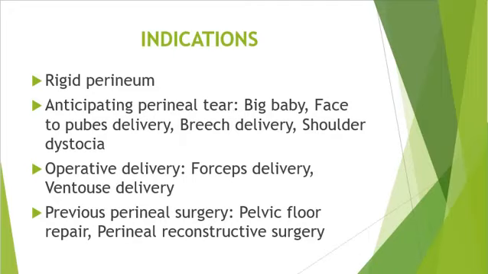There you want a larger space. If episiotomy is not given, perineal tear can occur. Then operative deliveries like forceps delivery and ventouse delivery, and previous perineal surgery like pelvic floor repair, perineal reconstructive surgery. So common indications are threatened perineal injury in primigravida, rigid perineum, forceps, breech, occipito-posterior or face delivery.